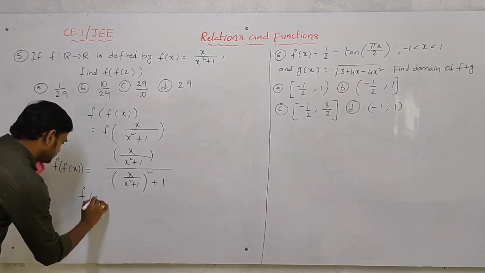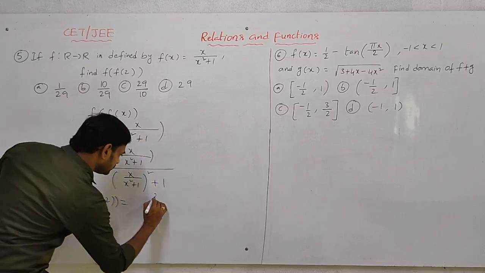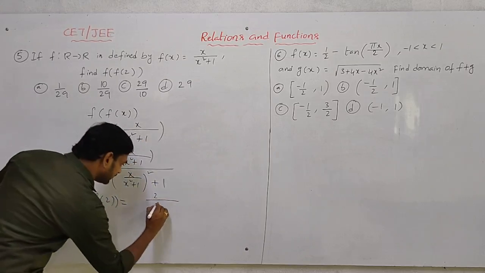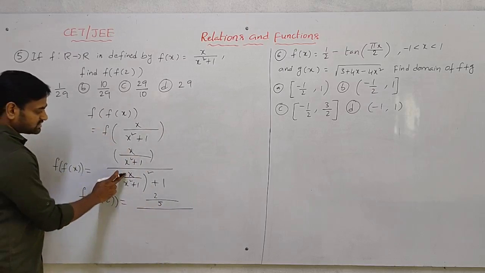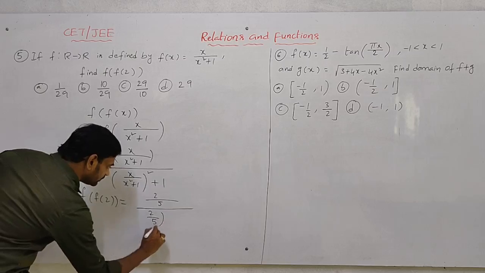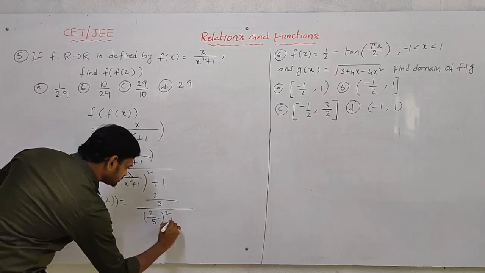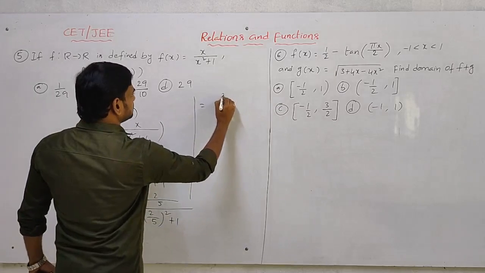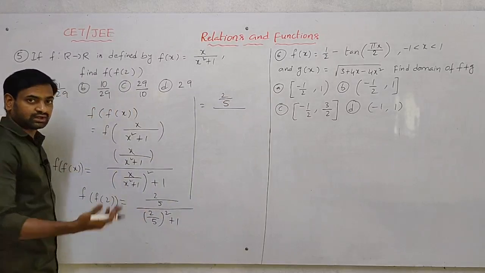That is f of f of 2 equal to, just substitute 2 by 2 square plus 1. 2 square means 4. 4 plus 1, 5. 2 by 5 whole divided by this one, x by, that is 2 by 5, this is 5 whole square plus 1. So simplify this one. That is 2 by 5 divided by, this is 2 by 5 whole square.